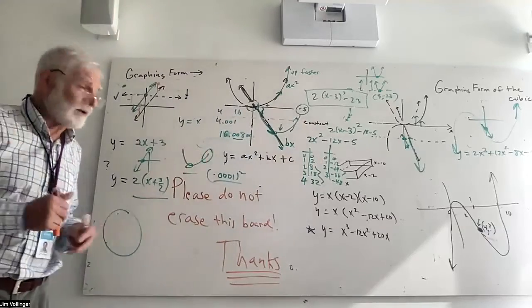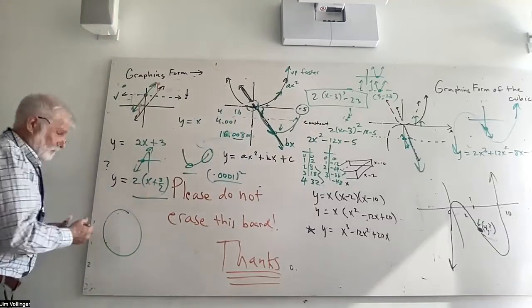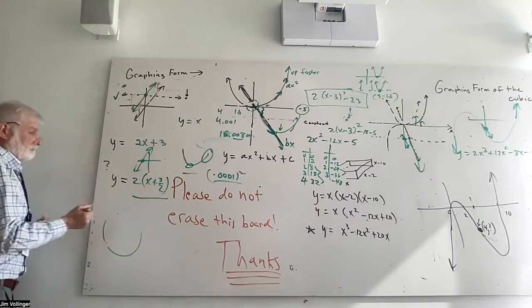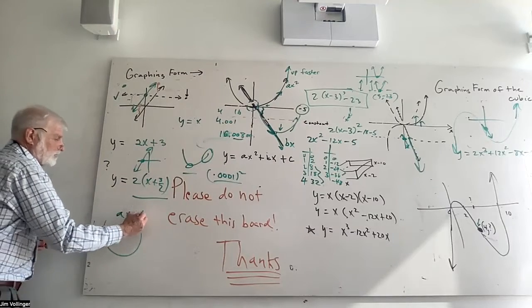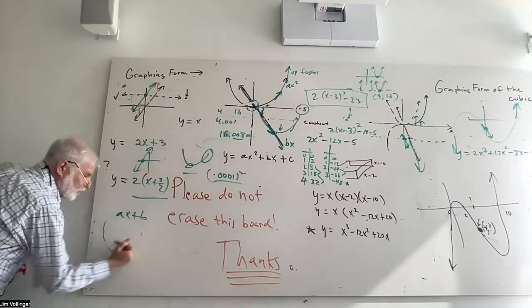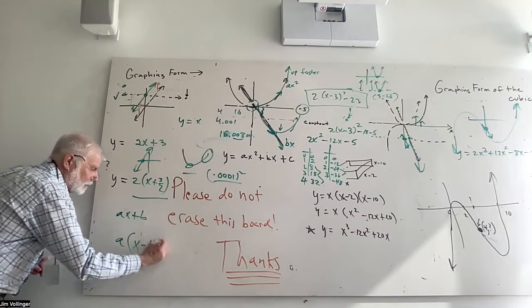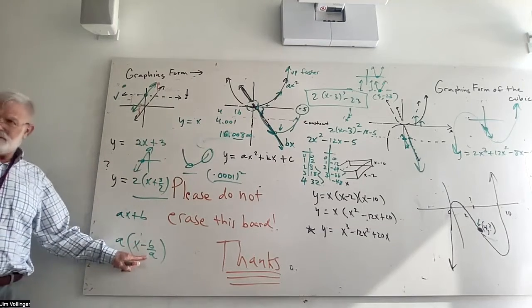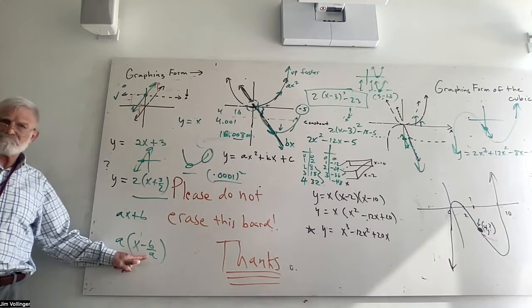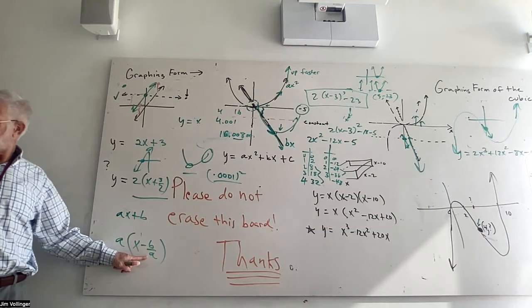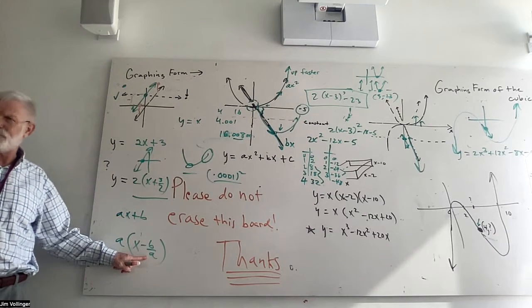Because I don't know if you realize this or not, but if I wrote ax plus b and I took a out and factored, seems like I'm getting a fairly interesting value here that should grab your attention.